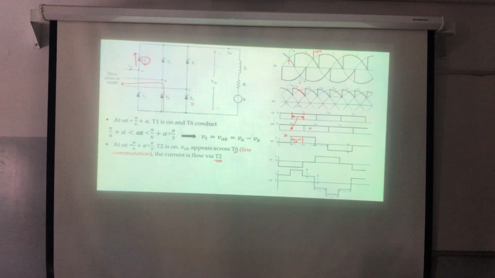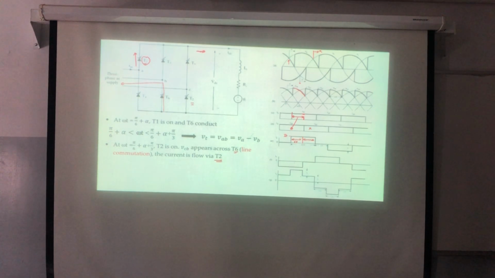But still, the same current is flowing in the first switch. So this means that each switch will conduct for 120 degrees. So this is IA. If I need to plot IB, it will be the same shape shifted by 120 degrees. If I need to plot the IDC or the line current, or this one, the voltage.